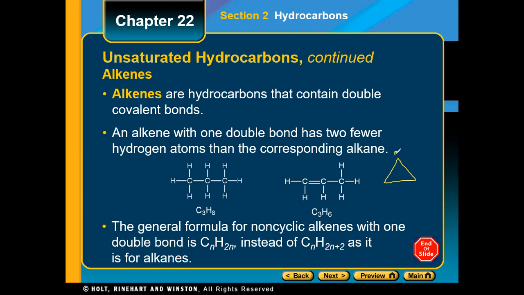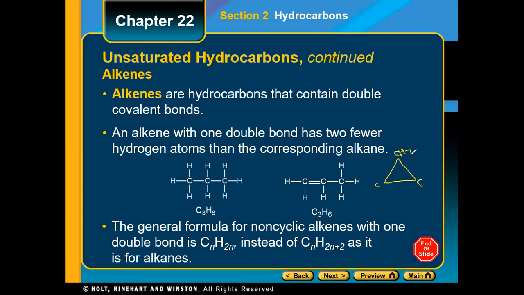Actually, I'm gonna write it. C, C, and C. How many hydrogens can each of them have? How many hydrogens can this guy have? Two. Two, that's correct. So I'm gonna just put CH2.